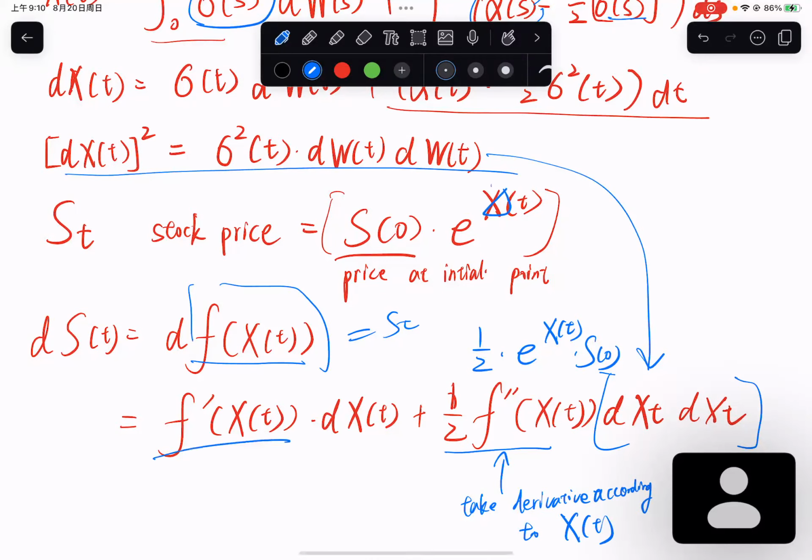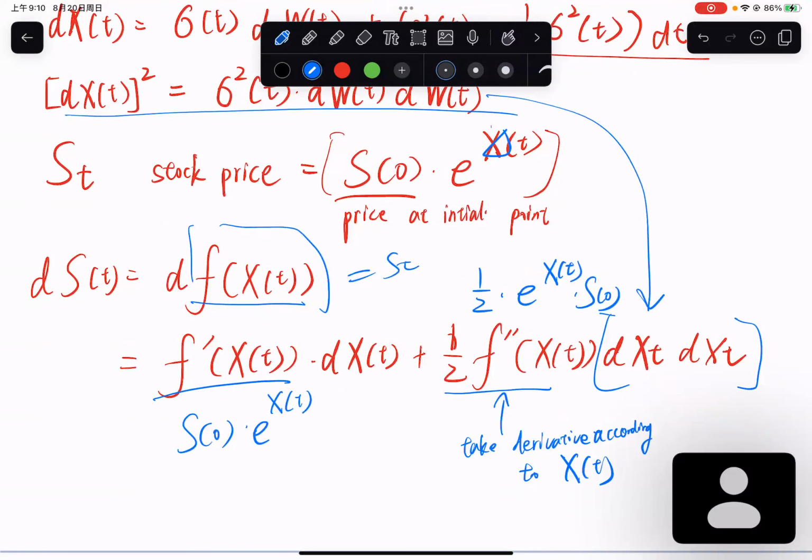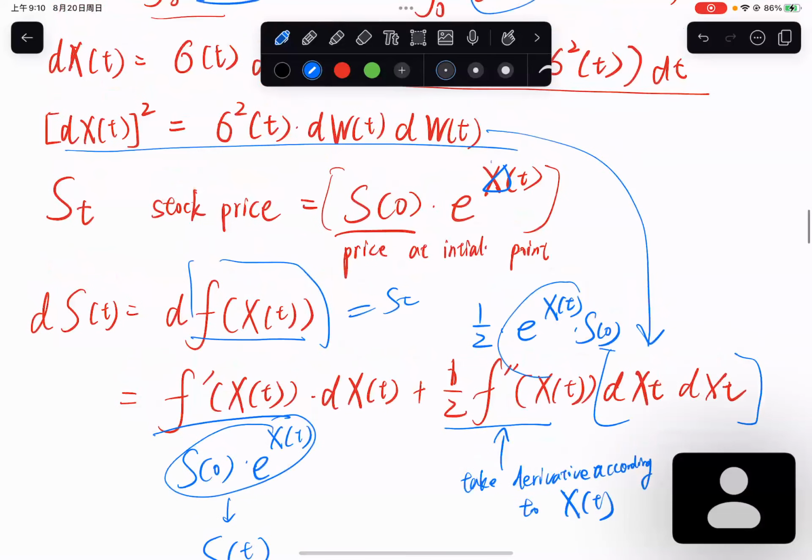The derivative is also the same, which is just S_0 e^{X_t}, and we know this part is just S_t, and this is also S_t.